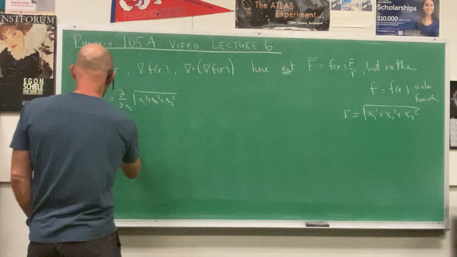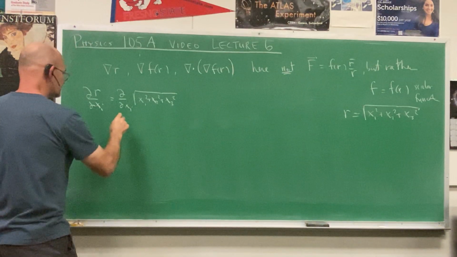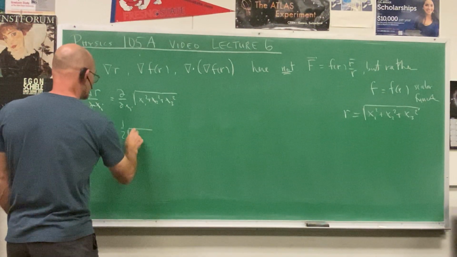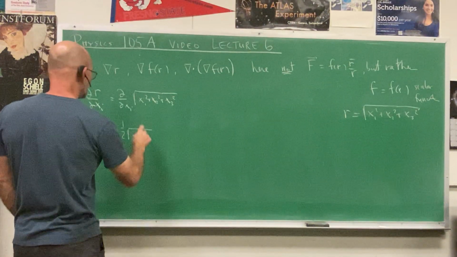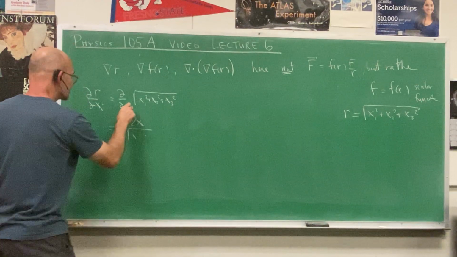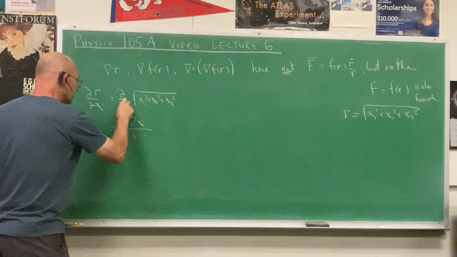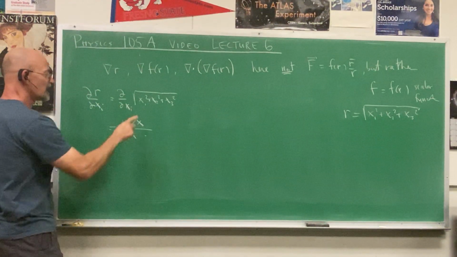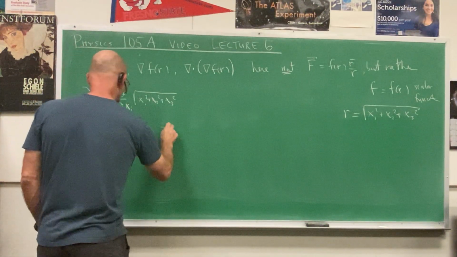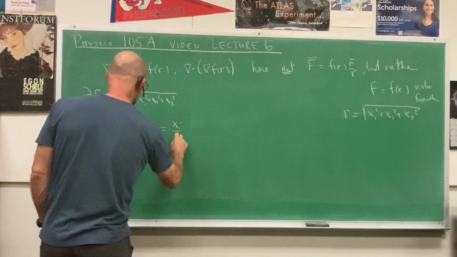Then what do I have? I've got 1/2 times this thing down here, and then the chain rule gives me 2 times whichever x sub i I'm differentiating with respect to. So the 2's cancel, and what I see is x sub i over r.